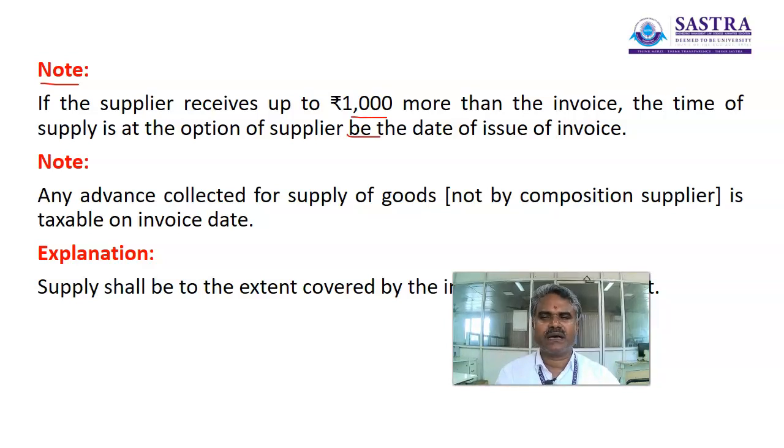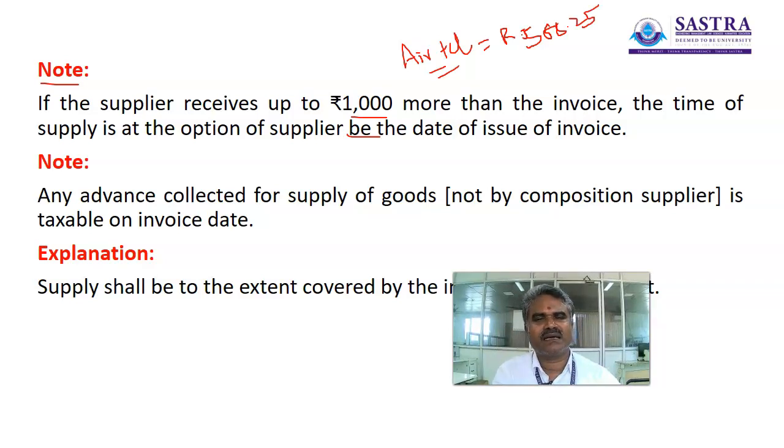The supplier receives up to 1,000 more than the invoice. What is this? You see, you have an internet connection in your house, and you are using Airtel. The bill amount is rupees 588.25.